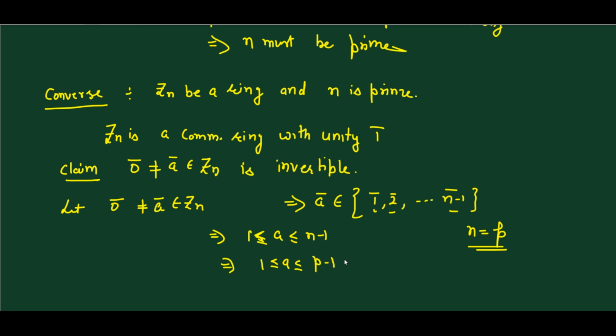And you know that if any integer is less than p, then that is co-prime to p, and this implies a and p have GCD 1. And using the previous lemma, if any integer is co-prime to n, then that is invertible in Zn, and n is prime here.